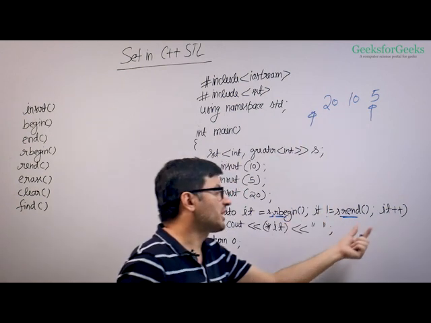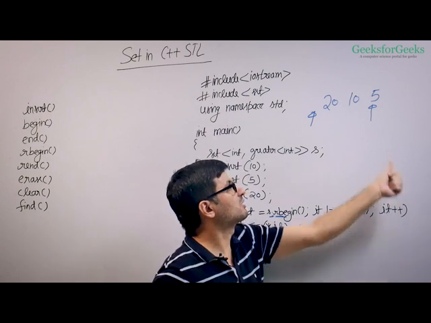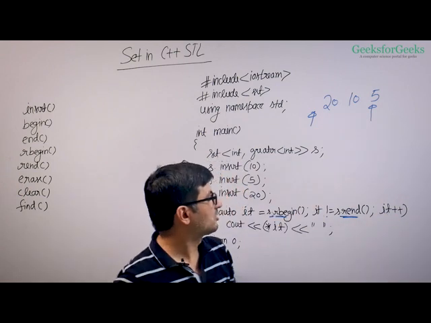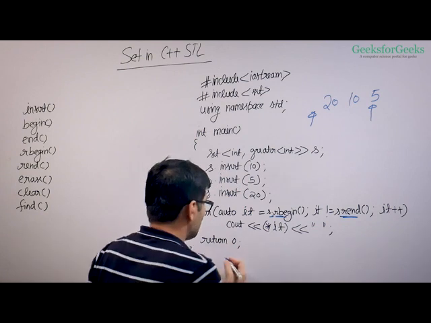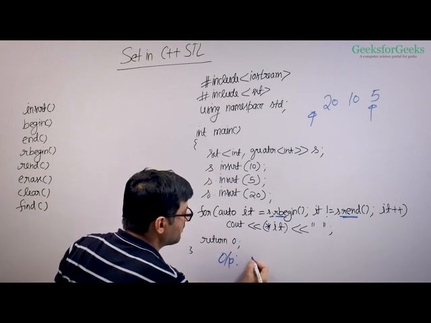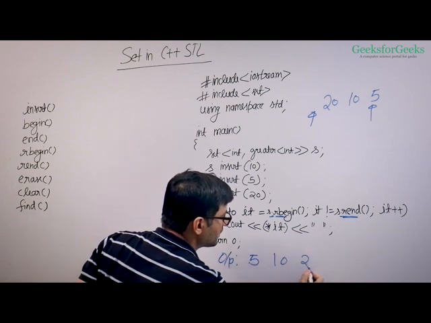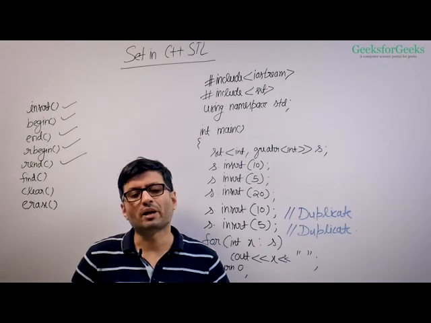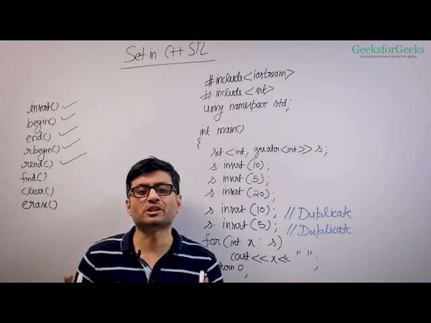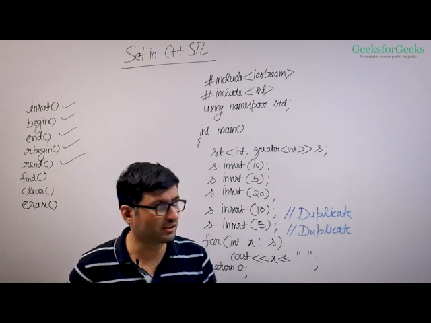Since this is a reverse iterator, if you do it++, it will move in the reverse direction. So the output of this program will be 5, 10 and 20.